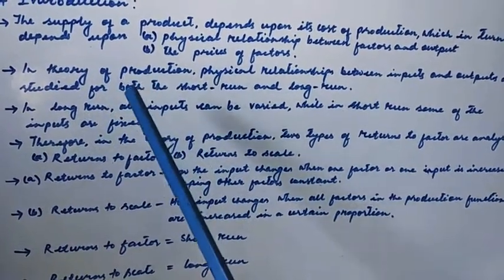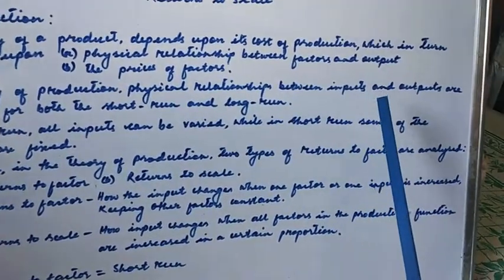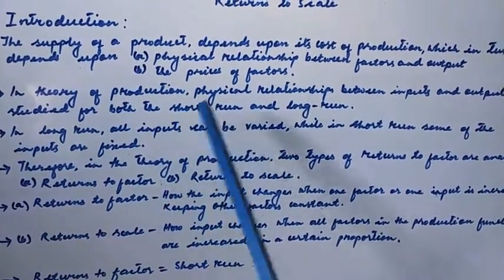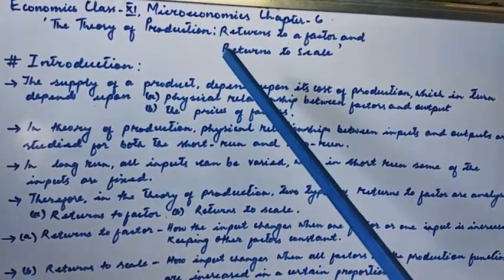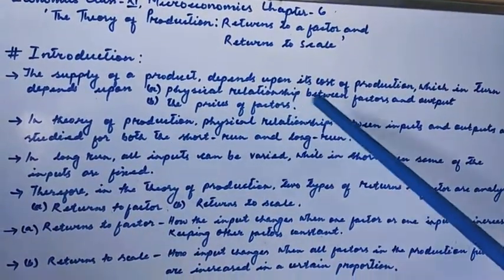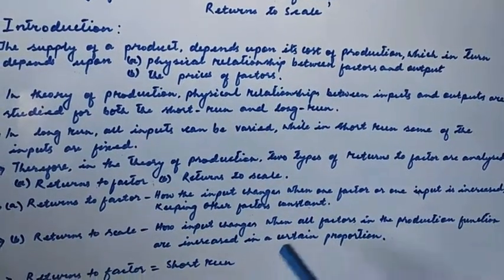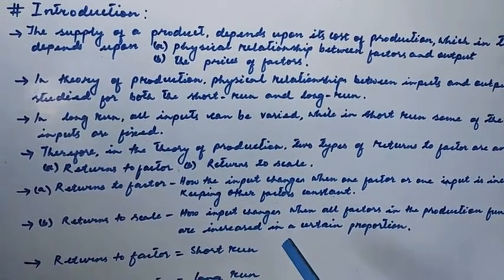So in this theory of production, the physical relationship between inputs and outputs is studied for both the short run and the long run.